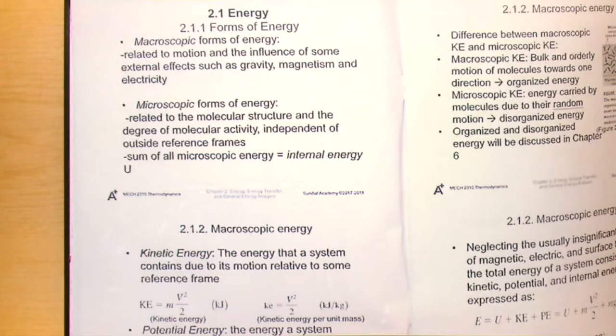Of course, the kinetic energy here should be the kinetic energy of the whole system, instead of the kinetic energy of the molecules inside the system. Other kinds of macroscopic energy may include electrical energy as well as magnetic energy.